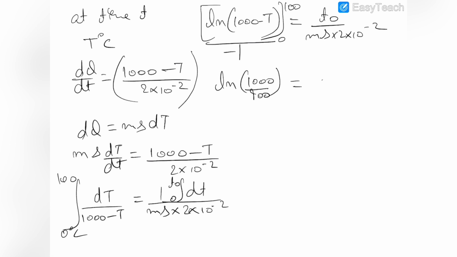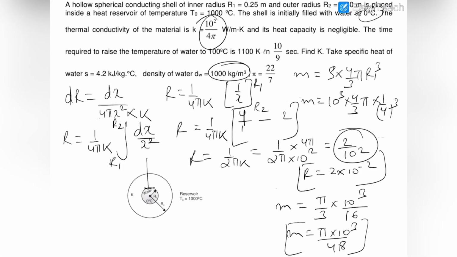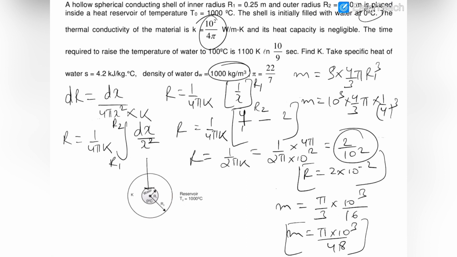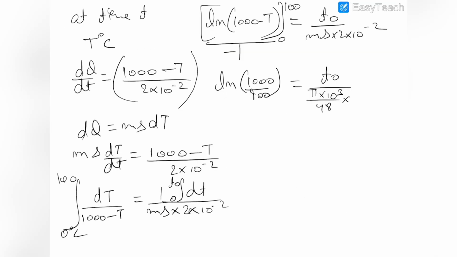And here it would be t0 upon m s, where m we have already calculated, it is pi into 10 raised to power 3 by 48. And s is equal to 4.2 into 10 raised to power 3, and this is 2 into 10 raised to power minus 2.